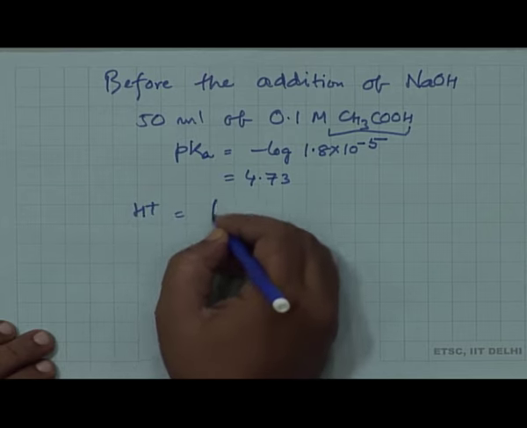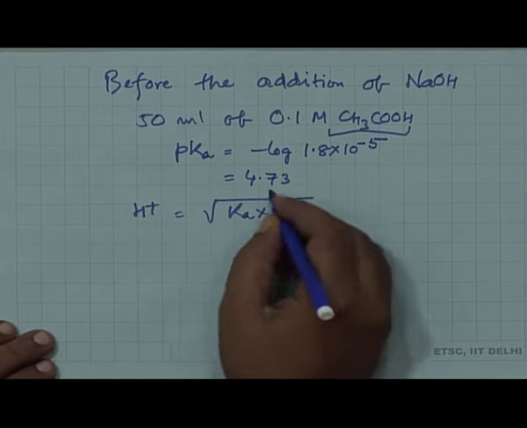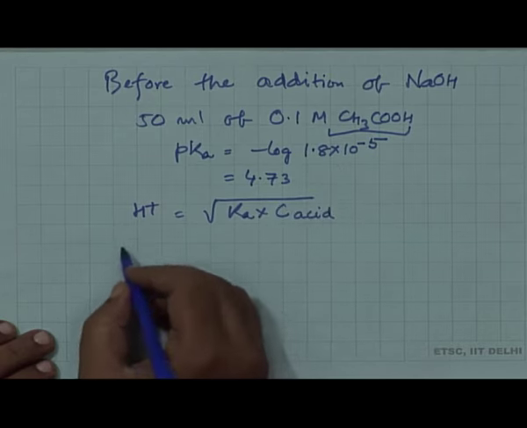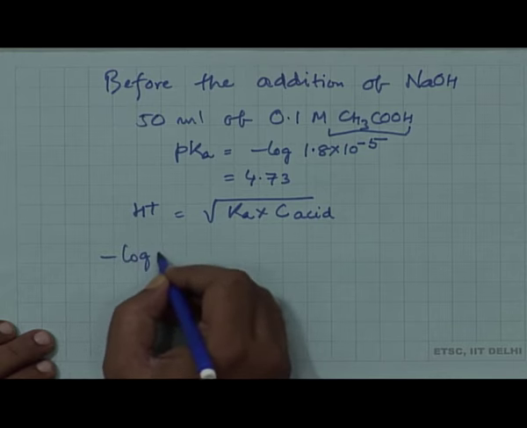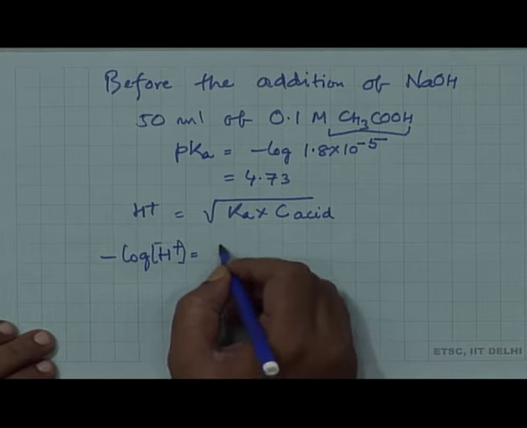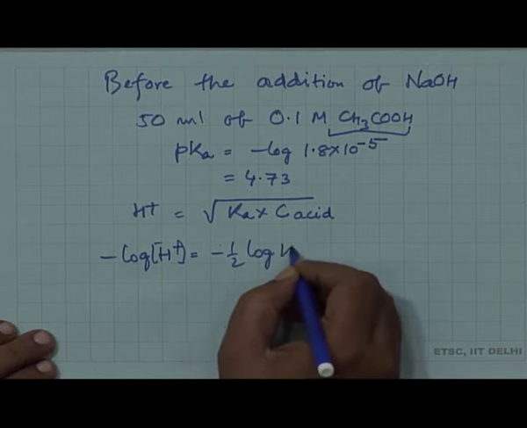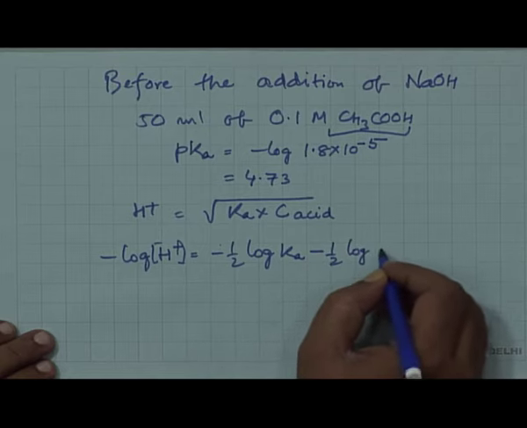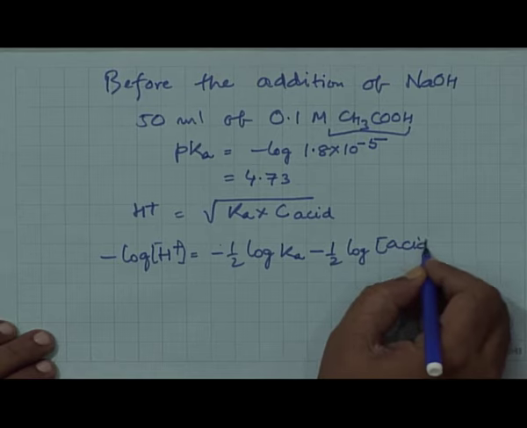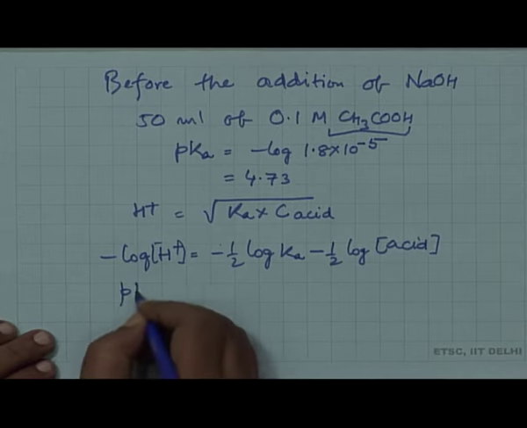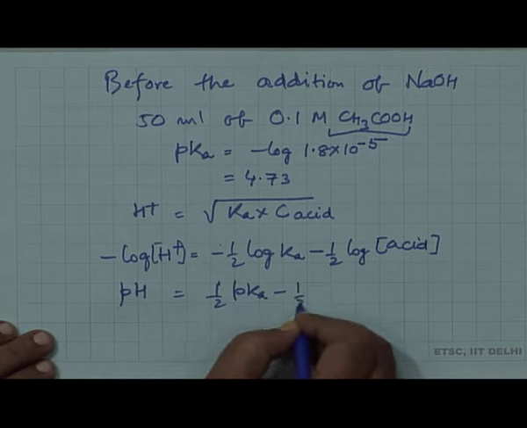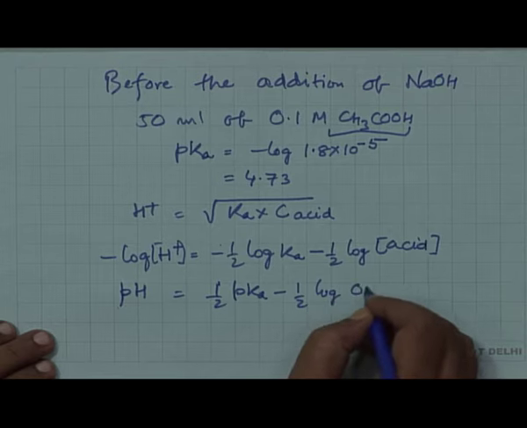So, H plus will be given by square root of Ka into the concentration of acid, so minus log H plus is equal to minus half log Ka minus half log acid concentration, and minus log H is pH, so pH is equal to half pKa minus half log 0.1 molar.